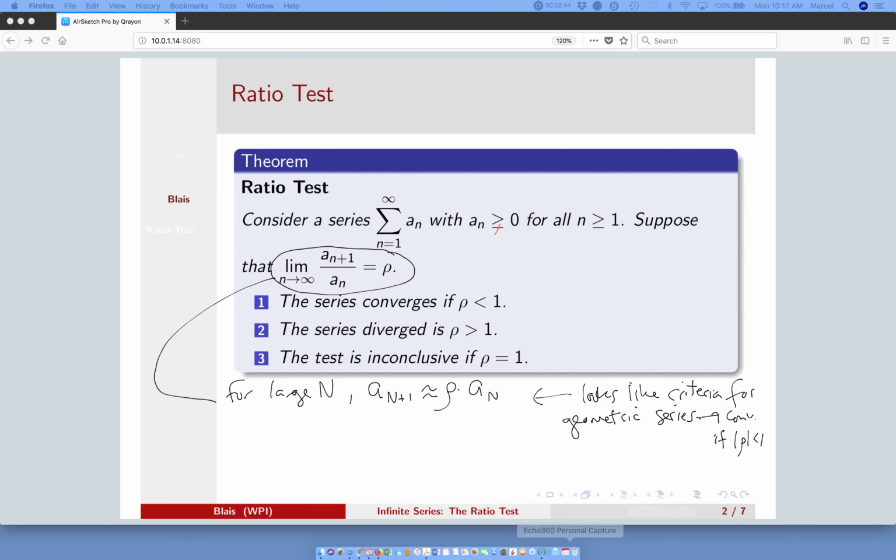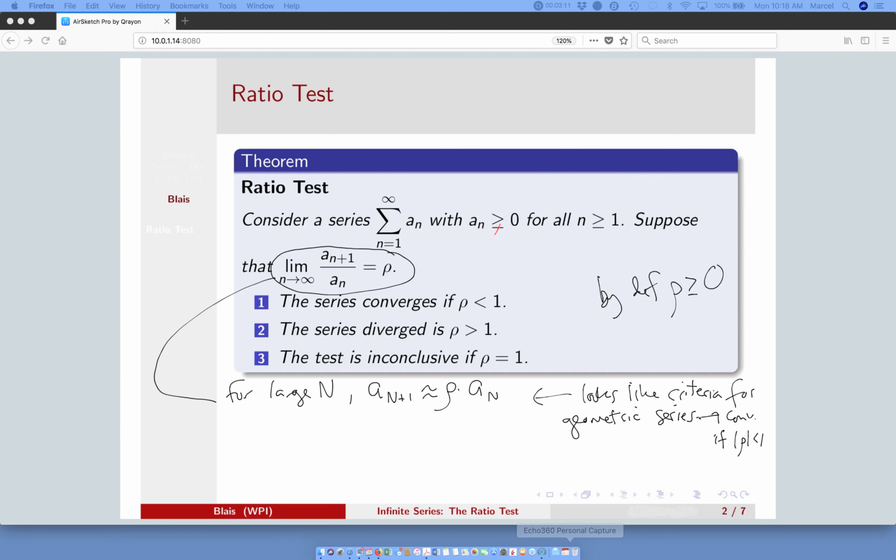So by definition, rho has to be greater than or equal to 0. It can't be negative. If a_{n+1} and a_n are both greater than or equal to 0, this ratio can never be negative. So the limit of that ratio would never be negative.